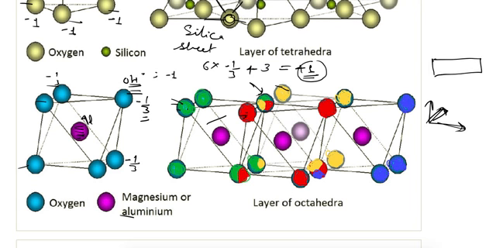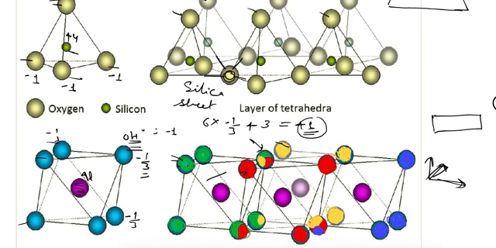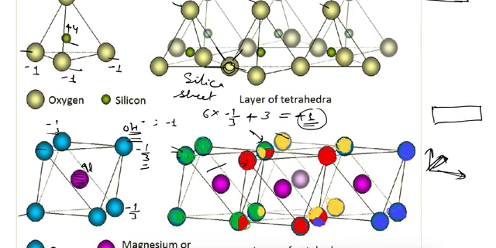So now the different clay minerals will be formed with various combinations of these two units, and sometimes the metallic ion in one unit can be substituted by an ion of another metal of the same physical size, and in that case it is called isomorphic substitution.